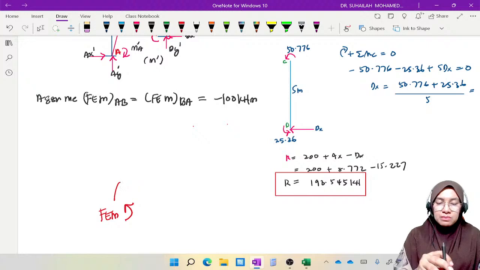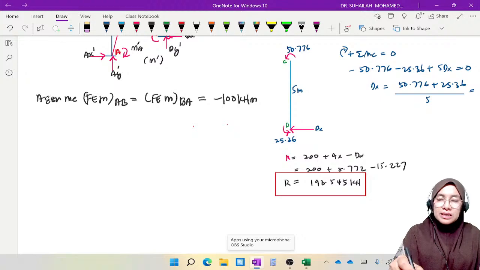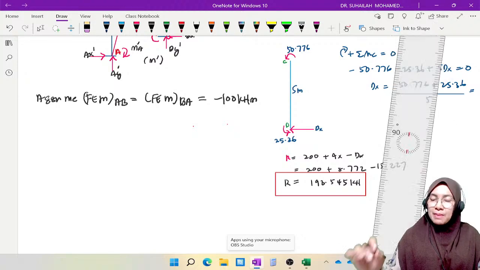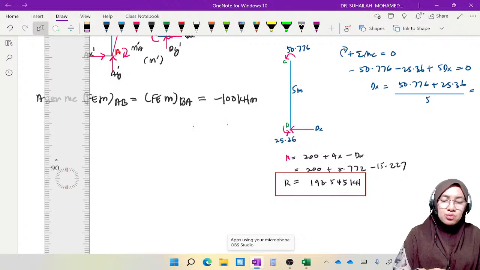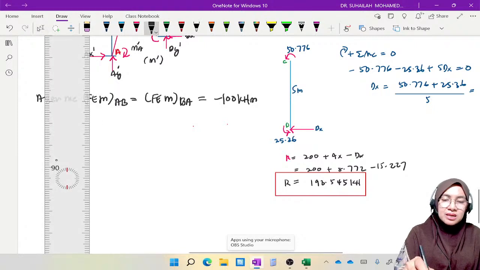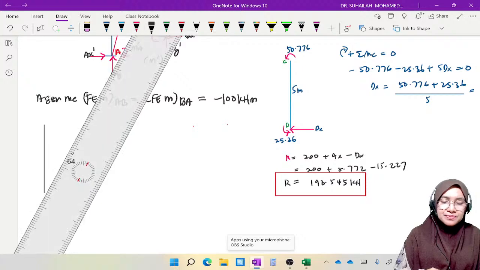So let's look at the column. A column is a vertical member. We have to find the triangle.